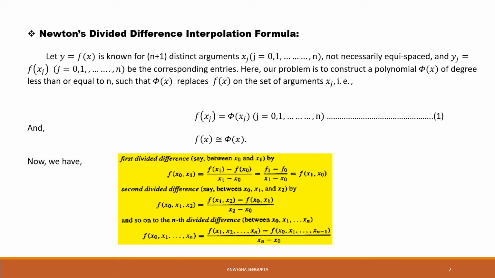Similarly, the second order divided difference is defined by f[x0, x1, x2] equal to (f[x1, x2] minus f[x0, x1]) by (x2 minus x0). Similarly, we can define all the nth order divided differences.